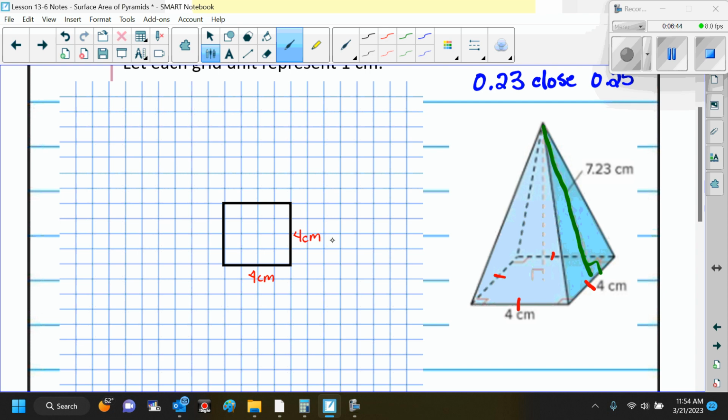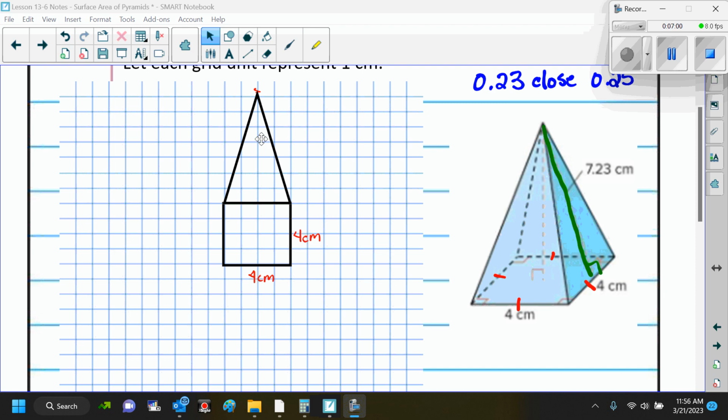Now we want a triangle that goes 7.23. So that's 1, 2, 3, 4, 5, 6, 7, and then a little bit more, right up to there. So here is one of my lateral faces. Let's label this.